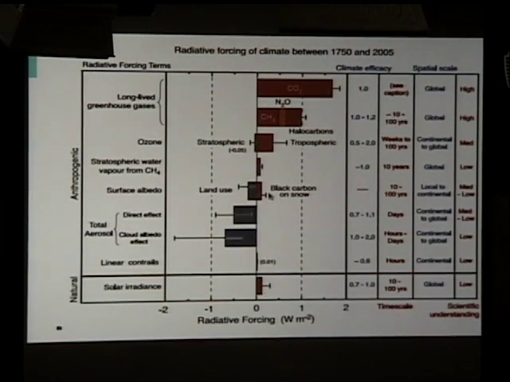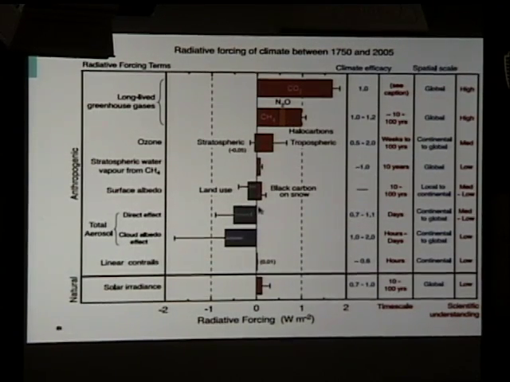But also there's conversion of forest to agriculture, and that changes the reflectivity. The surface got lighter. But there are two big blue blobs here. One is aerosols, called the direct effect, and the second is the cloud albedo effect.